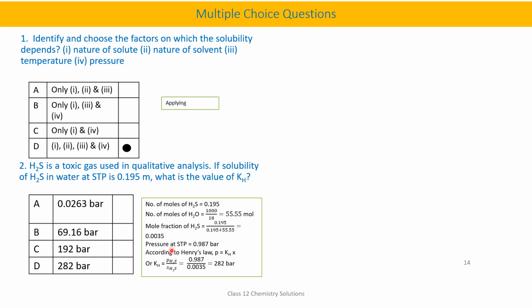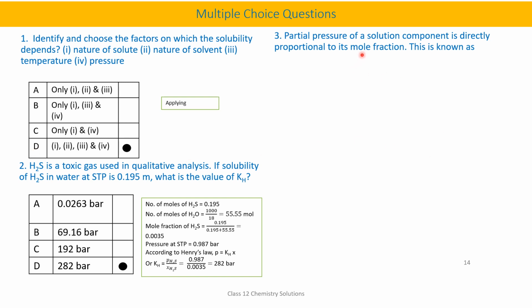So pressure at STP is 0.987 bar. According to Henry's law, P is equal to KH into X, or KH is equal to P divided by X, that is 0.987 divided by 0.0035, which equals 282 bars. This answer is given as option D. Please mark it. Next question.